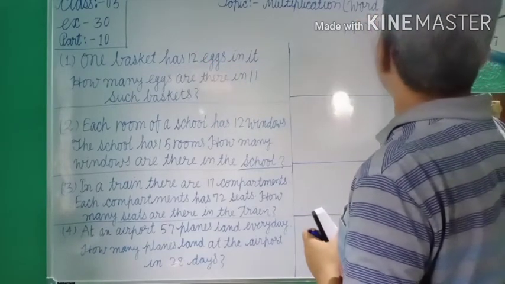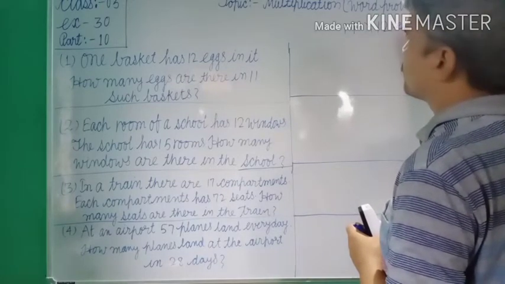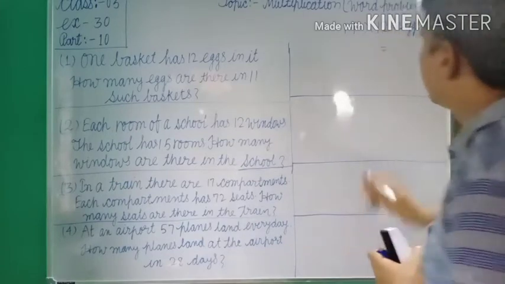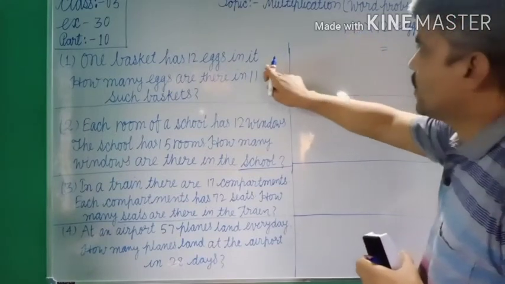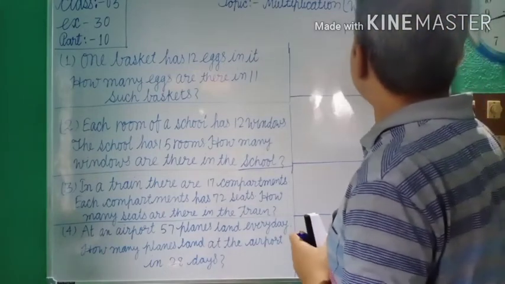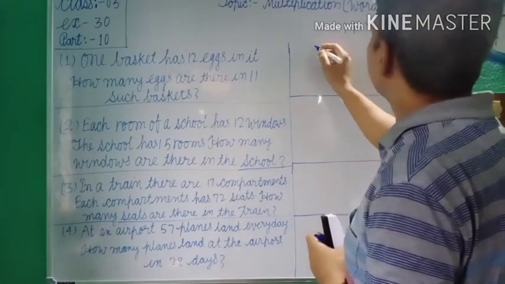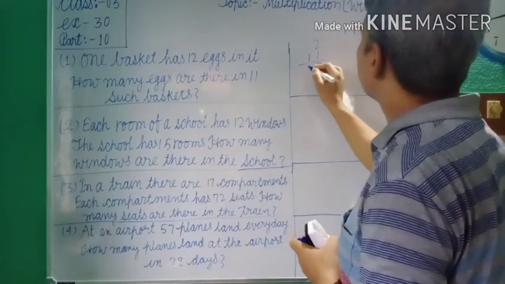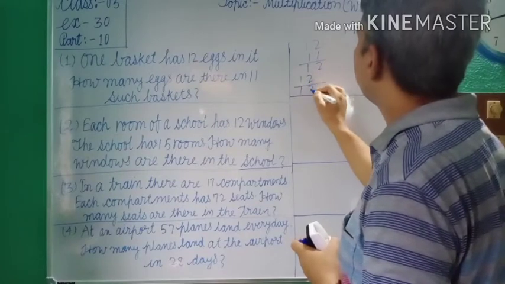So you multiply 12 by 11, and you get the answer. 12 times 11: 2 times 1 is 2, 1 times 1 is 1, 1 and 2 is 3... the answer is 132.